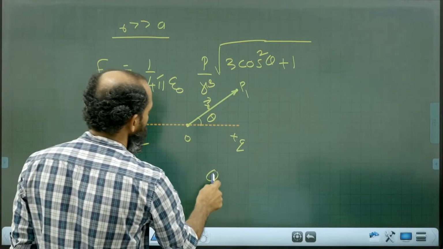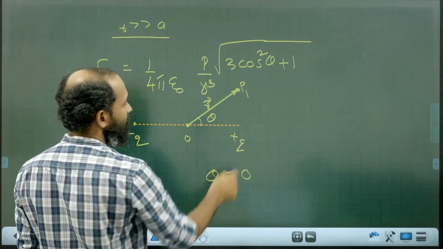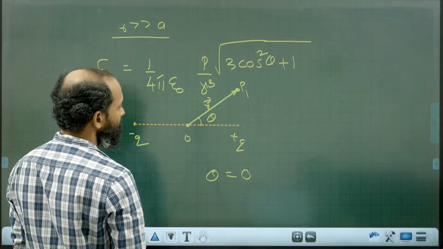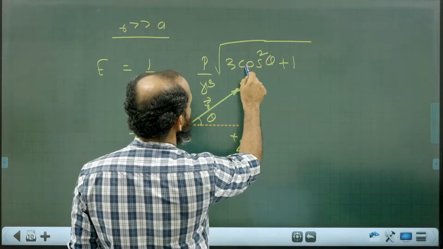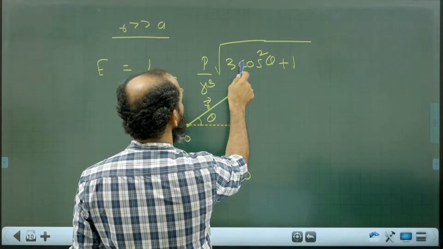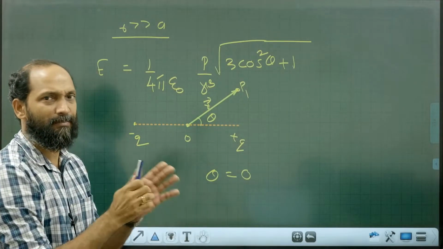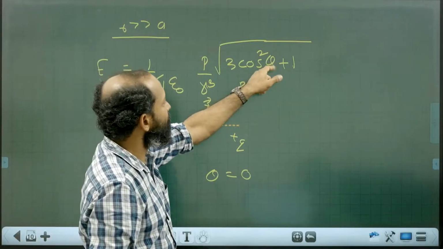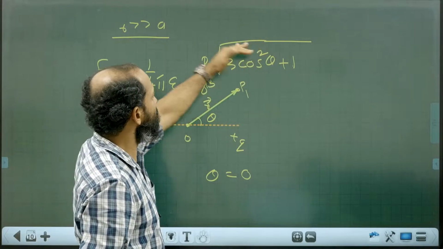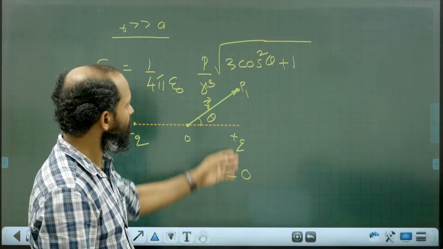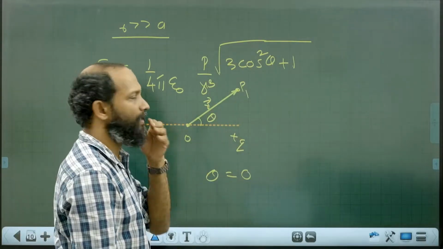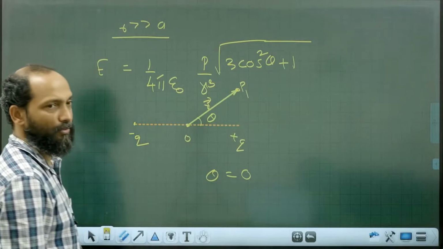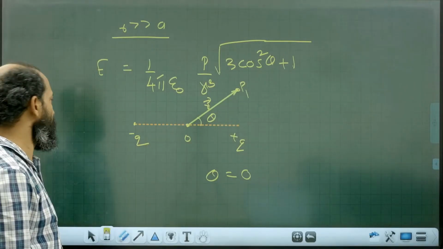If theta equal to 0, the point P1 stands on the axis. If theta equal to 0, it becomes cos 0, 1, 3 plus 1, 4, 4 root is 2, 2p by r cube. So this can be a general formula for short electric dipole. If theta equal to 90, cos 90 becomes 0, so it gets p by r cube. Theta 60, theta 30, whatever you can find. Refer this diagram also. Okay, it's also important, students note it.